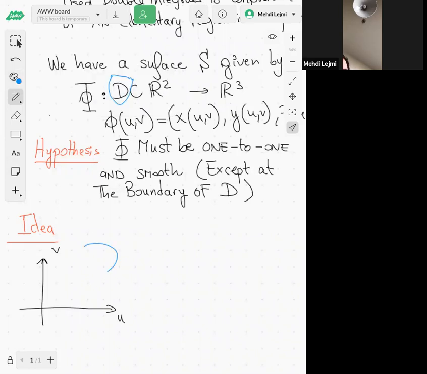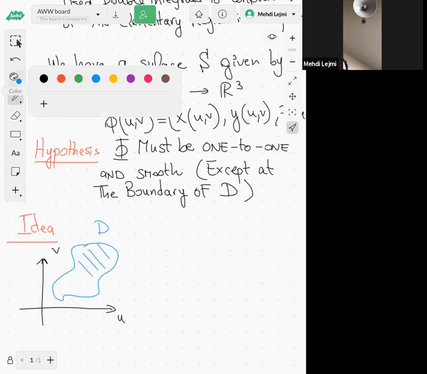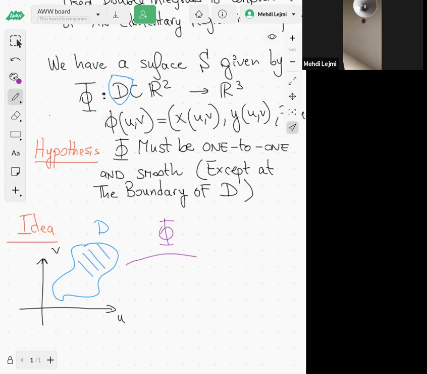Then we have this function phi from D to R3, with axes x, y, and z.